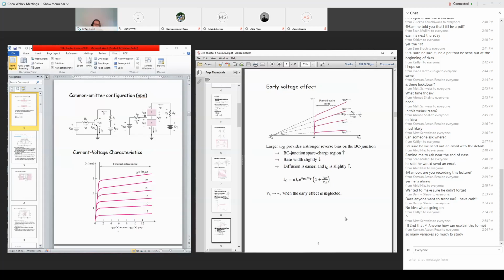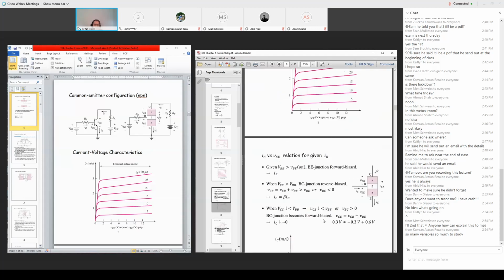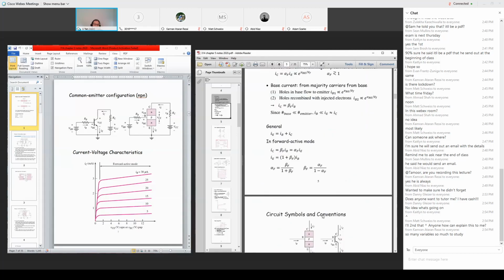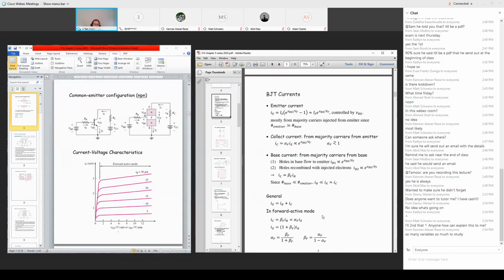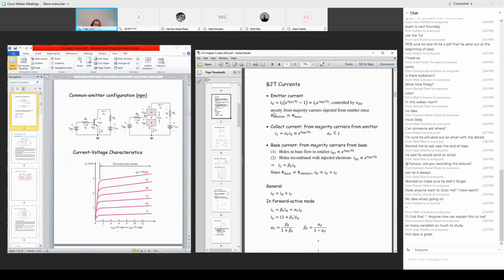Okay, let me make a restatement on the Early effect. On this slide, page 5, the second bullet, we said that in forward mode the collector current is proportional to the emitter current. So that's constant and doesn't depend on VCE.